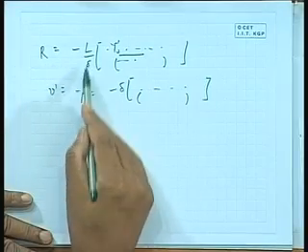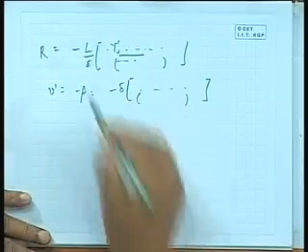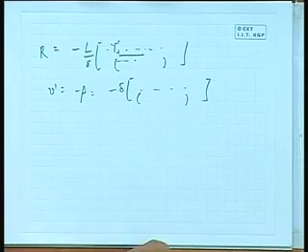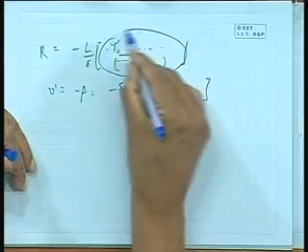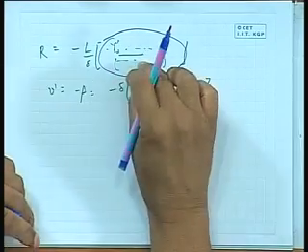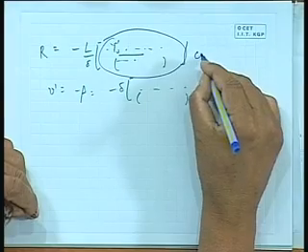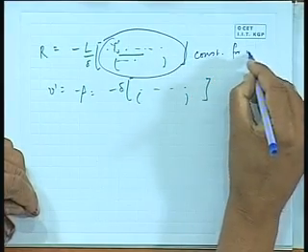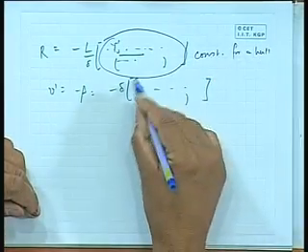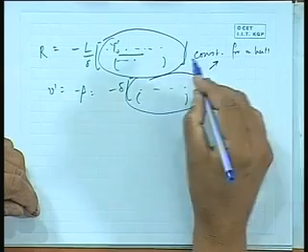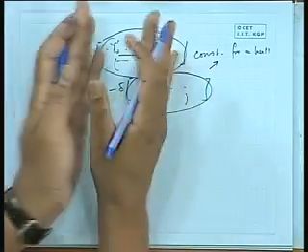What is important is that R becomes minus L by delta into some term. Let us look at this carefully and see what physically the meaning is. This part is all a function of the non-dimensional derivatives of the hull, so it is a constant for a particular hull. Similarly, this is a constant for a particular hull, because if you write down this term, it will be y dash v, n dash r, whatever.